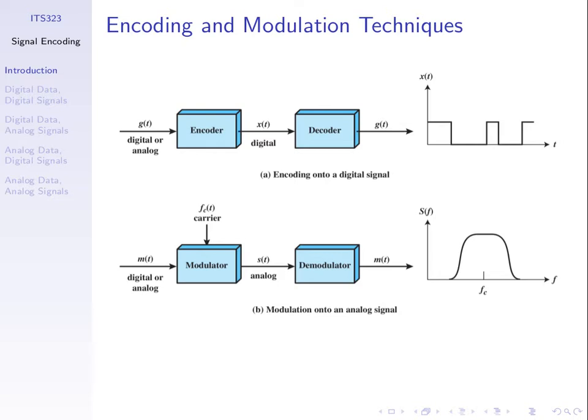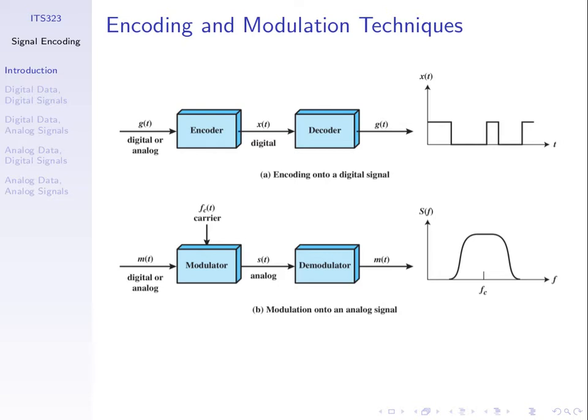We convert that data into some digital signal, transmit the digital signal from A to B, and then at B we convert that signal back into the original data. That's our goal. These steps of converting data to signal, signal back to data, are called encoding and decoding.